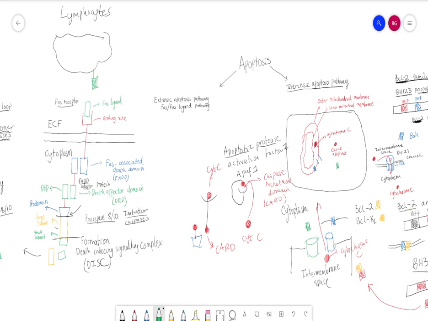So it's going to begin as pro-caspase 9. It's going to have a pro-domain in blue, just like our other pro-caspases, and it's going to have a large subunit. And of course, it's going to have your small subunit.